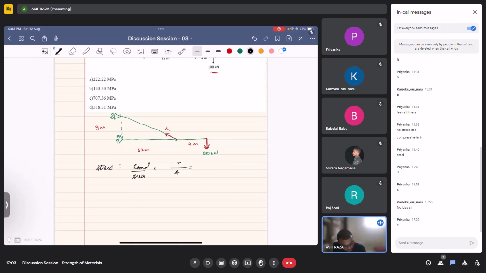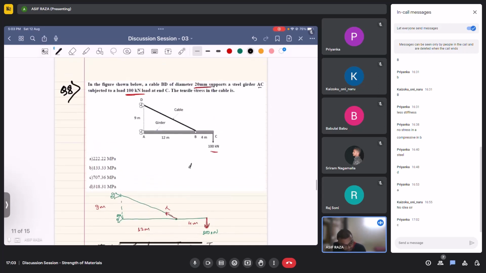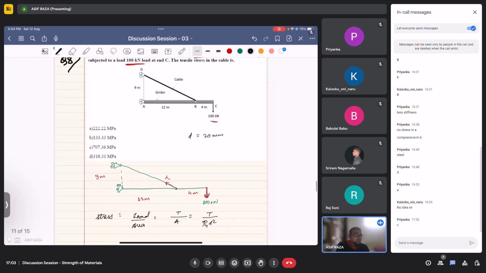T upon A, that is T upon pi by 4 d square. In the question we are given D is 20 mm. So how will we find this tension T?